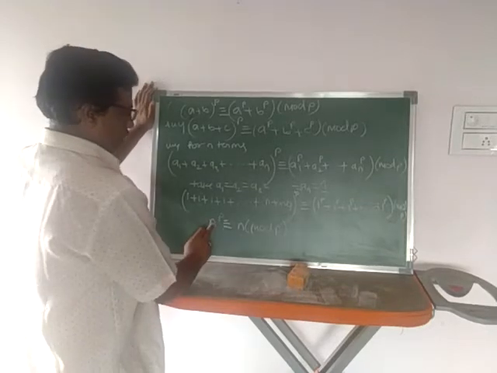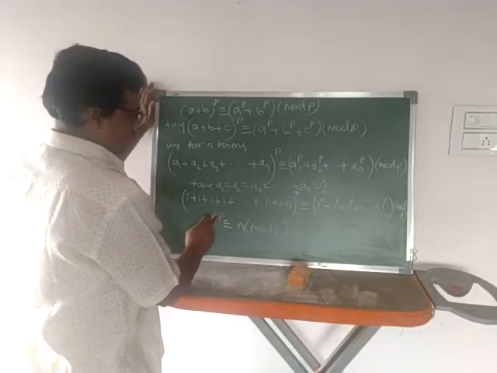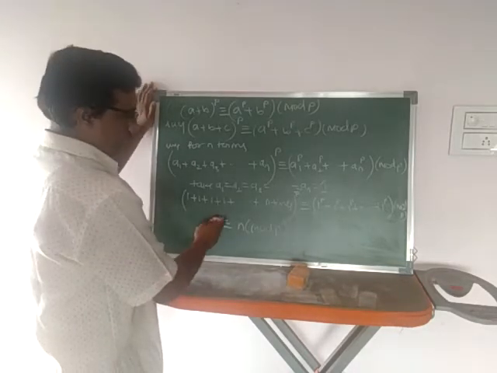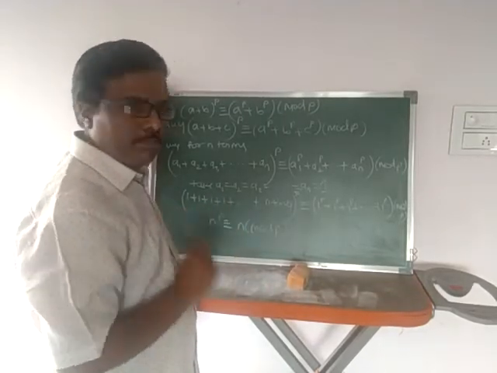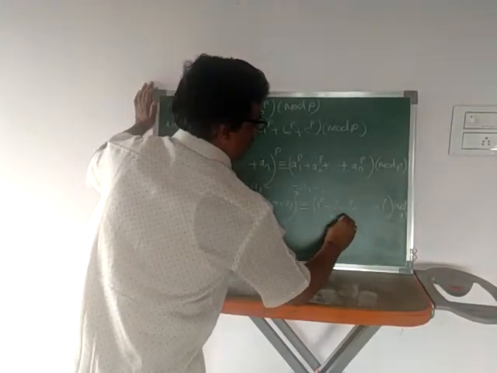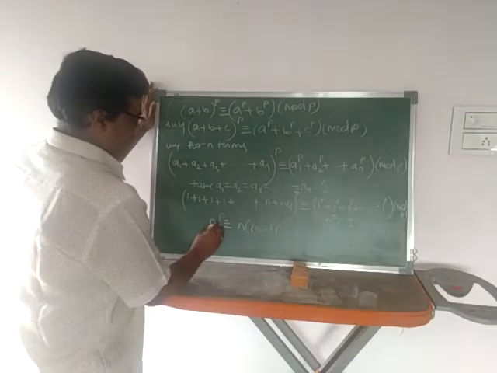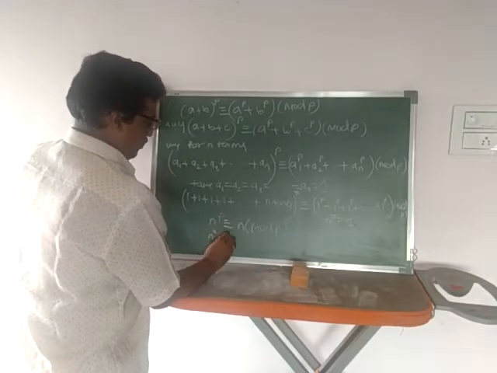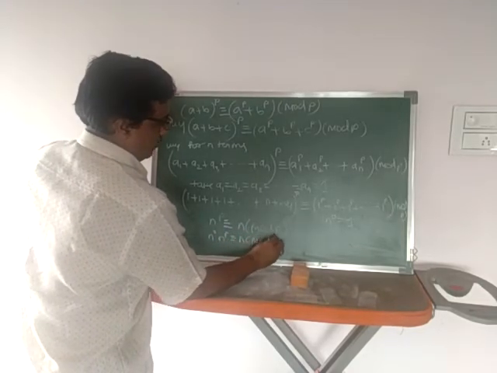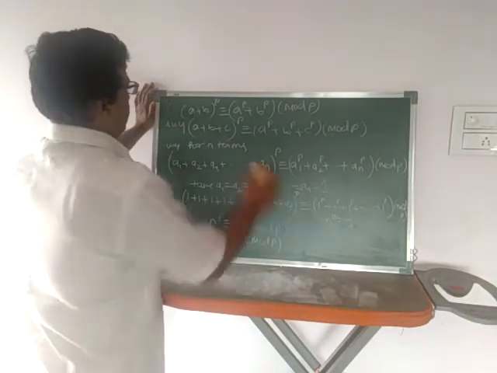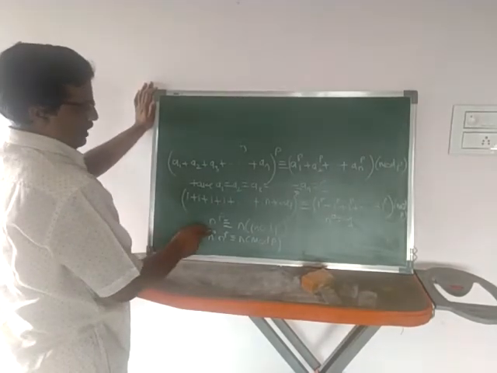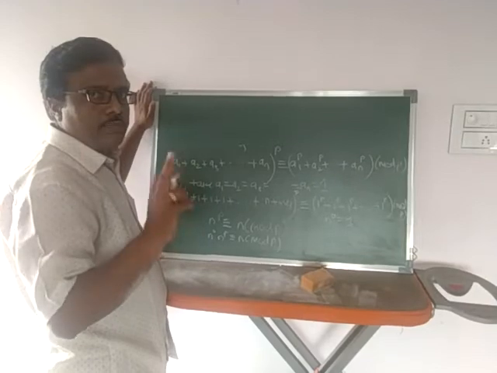So now this is n raised to p, this can be written as 1 into n raised to p, because 1 into anything is again the same thing. So now again 1 is the same as n raised to 0, which is also equal to 1. So therefore I write this as n raised to 0 into n raised to p is congruent to n mod p. So now this 0, I will write 0 as 1 minus 1.